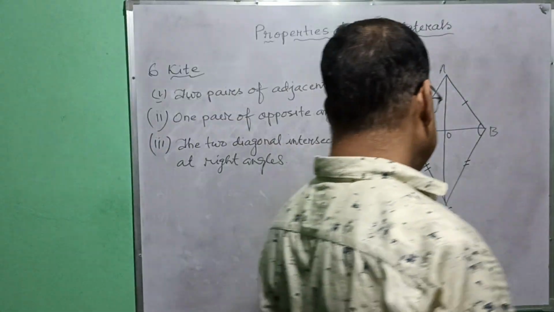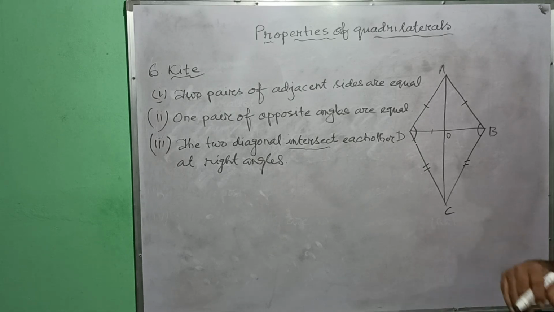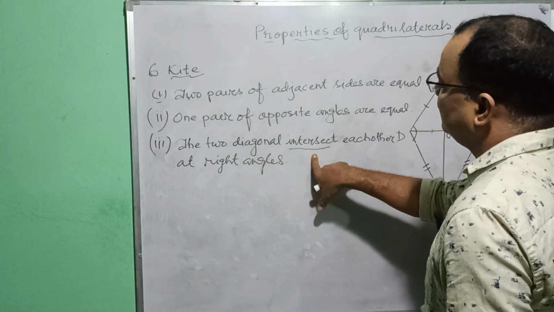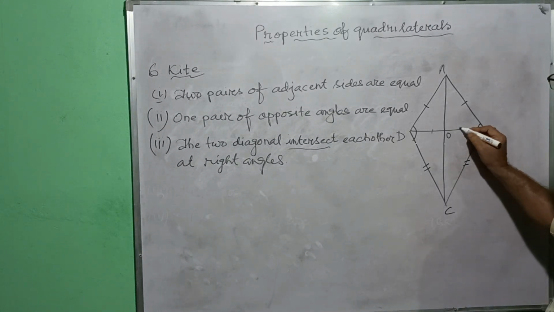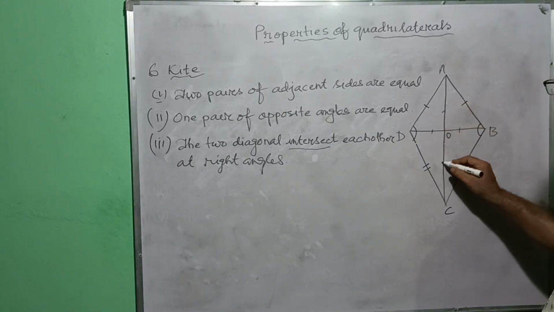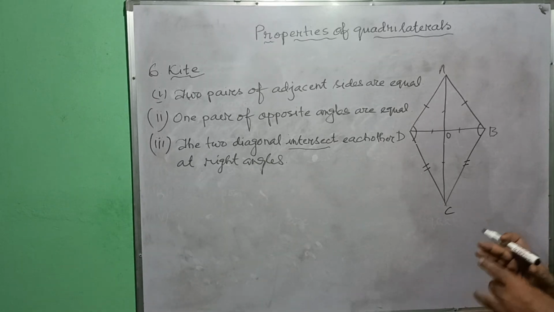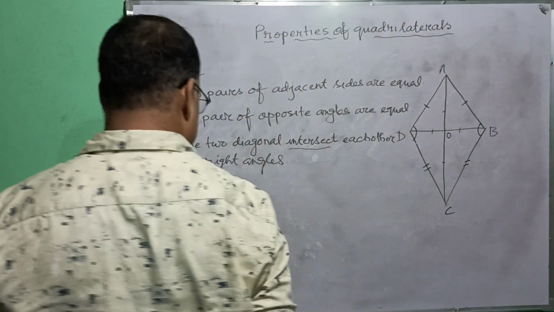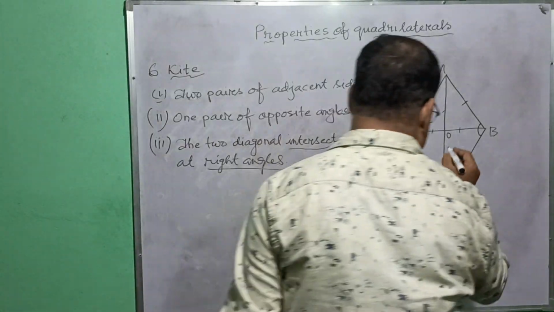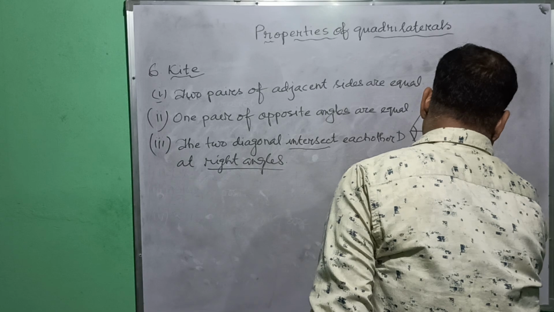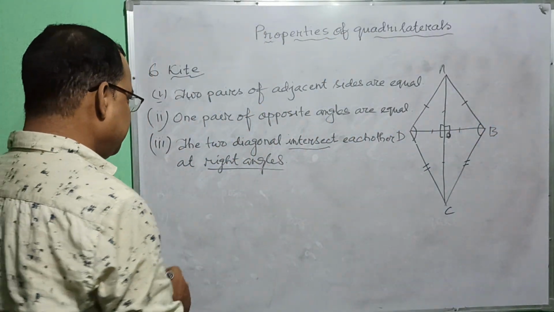Here it is written intersect. Why is it written intersect, when in other cases I have written bisect? It means that these two parts are equal, but these two parts are not equal, so we cannot write bisect. Bisect means dividing in two equal halves. Here it is also written right angles, which means 90 degrees. The diagonals form 4 right angles here, so each angle is 90 degrees.